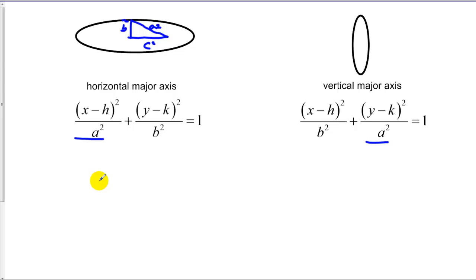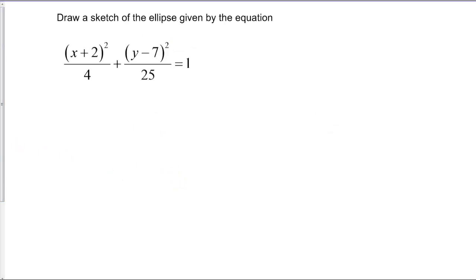So I have a squared equals b squared plus c squared as a relationship between a, b, and c for all ellipses. So use this information to do some problems.